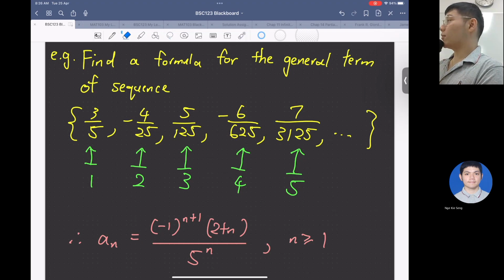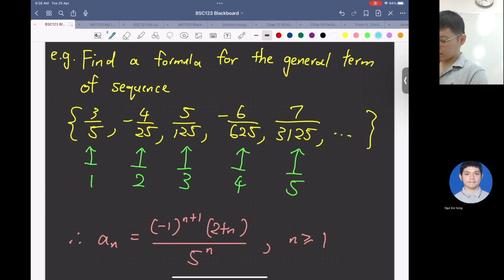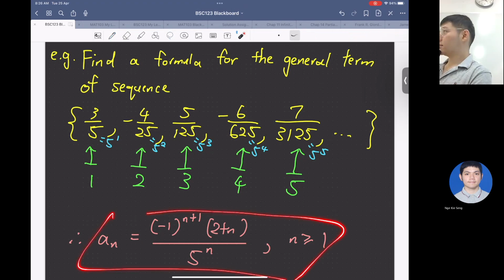At the denominator, you got 5, 25, 125, 625, 3,125. These are just the power of 5: 5 to the power 1, 5 to the power 2, 5 to the power 3, 5 to the power 4, and so on. When we put these patterns together, we will get this general formula here.